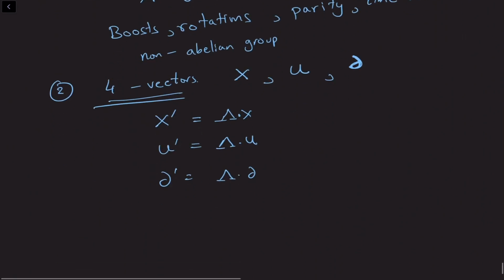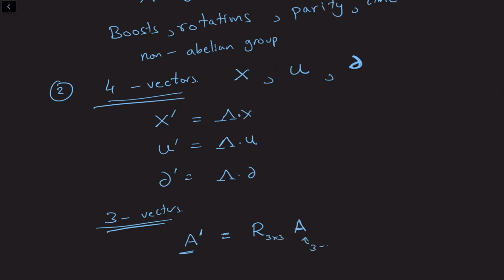So 3 vectors are objects where if I want to construct an object A prime in a rotated reference coordinate system, I would apply a rotation matrix, which is a 3 by 3 matrix, to A, which is a 3 vector.